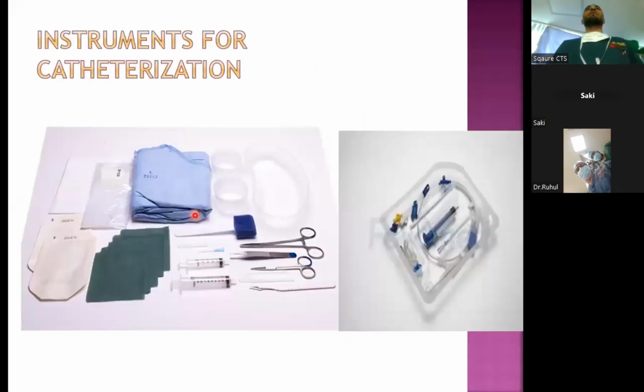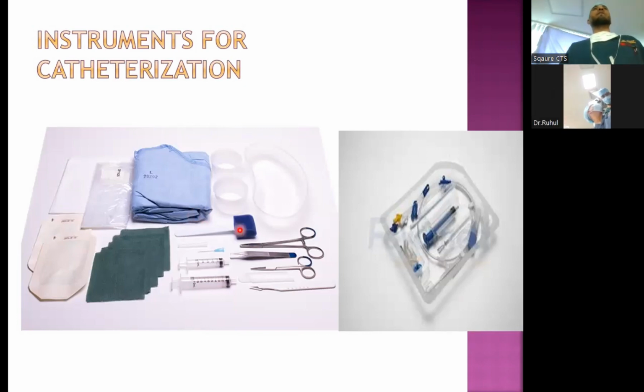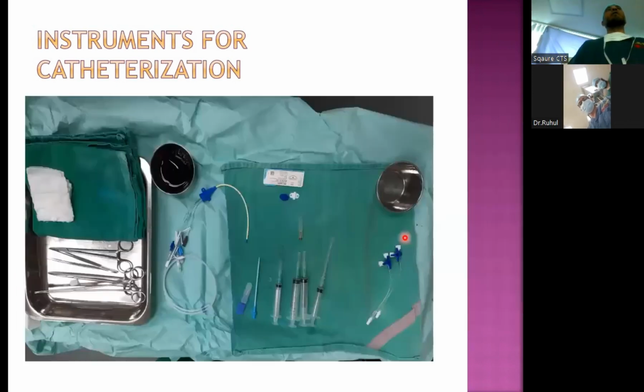Instruments for catheterization: we all know that we need a dressing set, a cutting set, and there must be a catheter set. In our OT, we use this type of CV catheter.